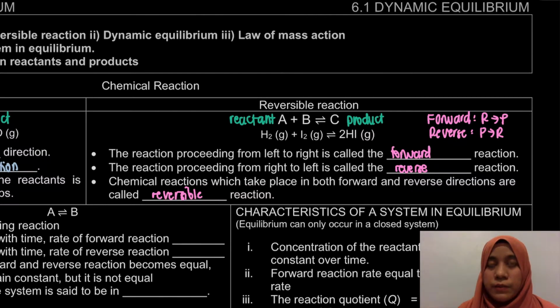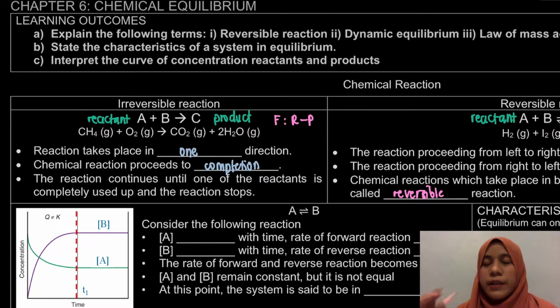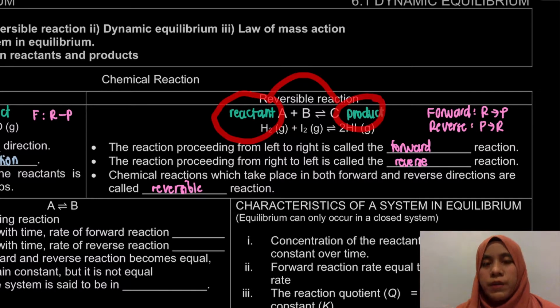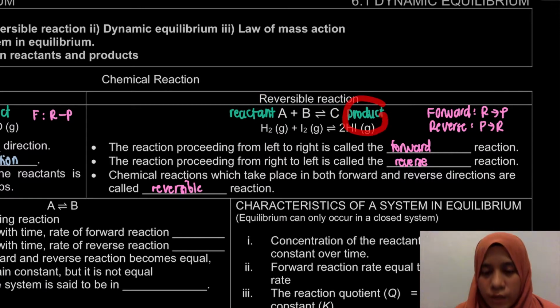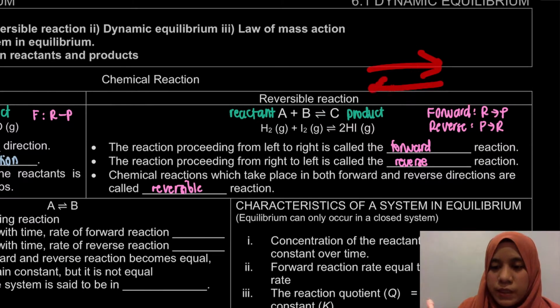The reactions we have learned before were only from reactant to product, which is the forward reaction. Now we are going to learn reversible reaction, where not only can the reactant combine to form product, but the product can also dissociate to form our reactant. And for the reversible reaction, we are going to use this arrow, not this kind of arrow.